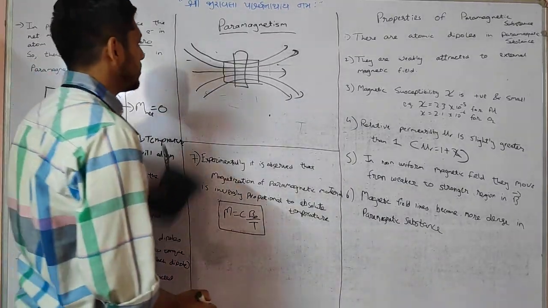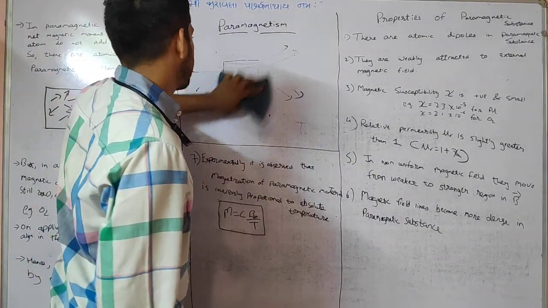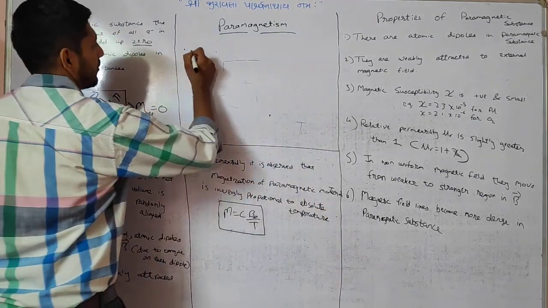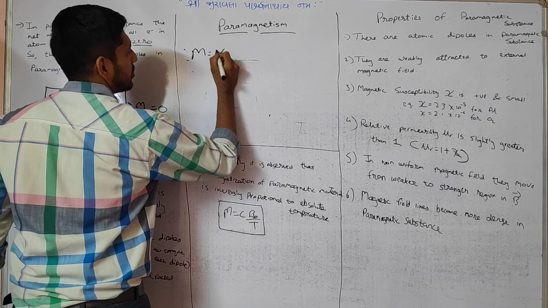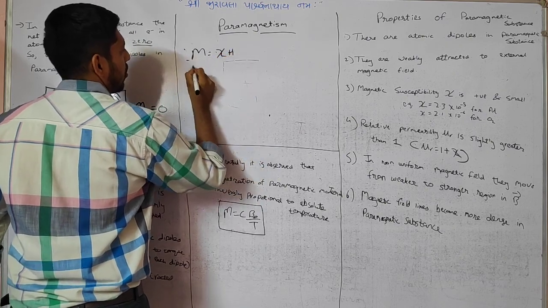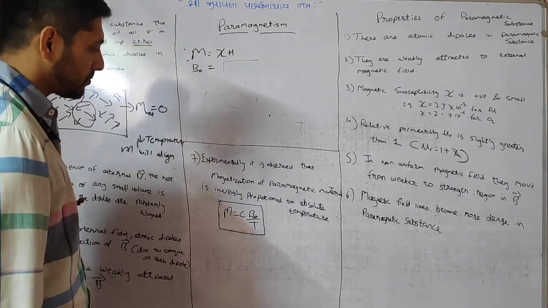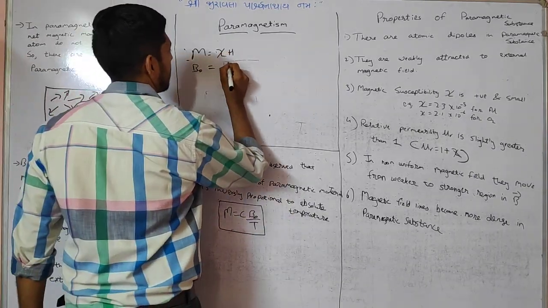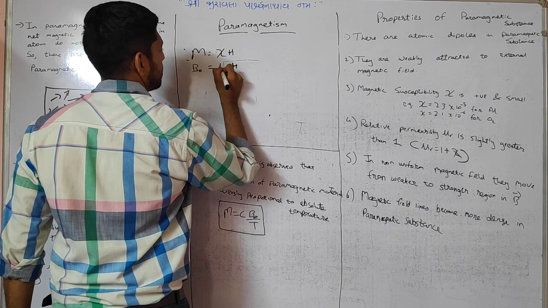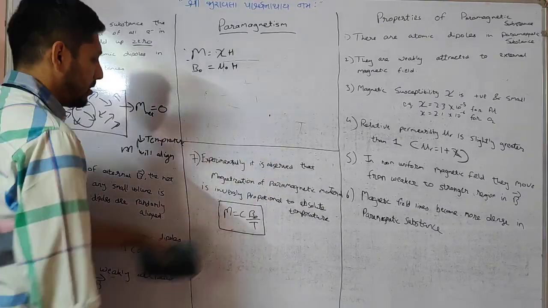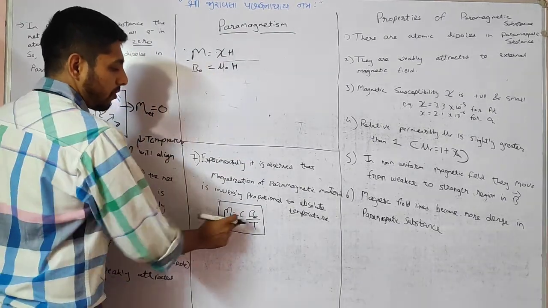So here I'll write this. We all know that M equals zeta H. Also B0 equals mu 0 H. So I can put this value in this formula.